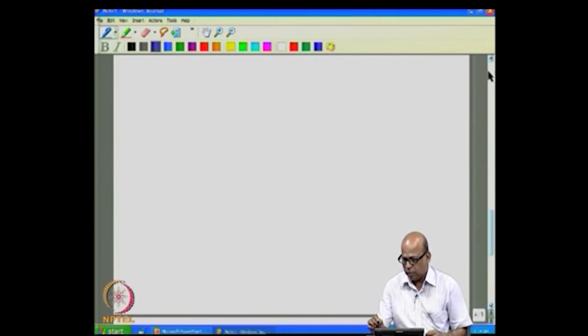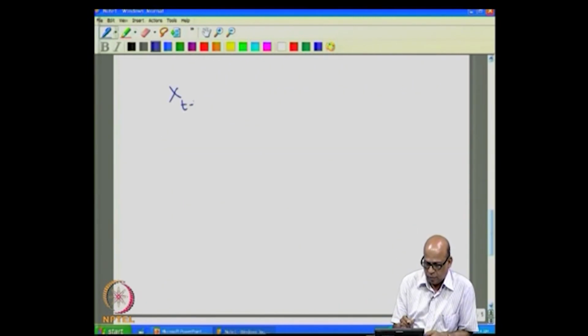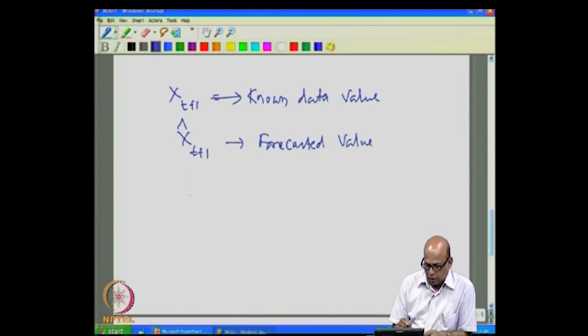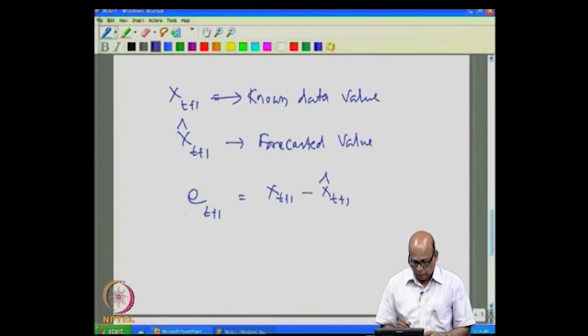X t plus 1 is your known data, and x t plus 1 cap is your forecasted value. So, the error I will write for the time period t plus 1 is equal to x t plus 1 minus x cap t plus 1. This is what is forecasted from the model. So, like this I get error.